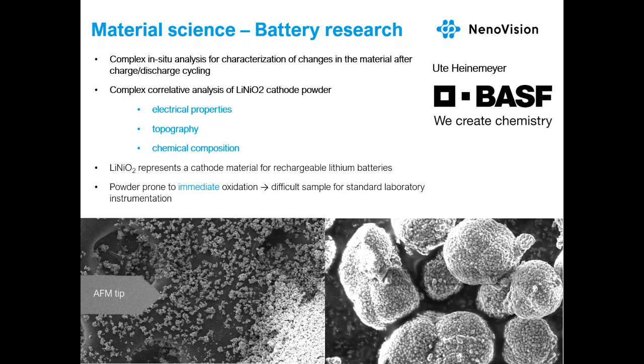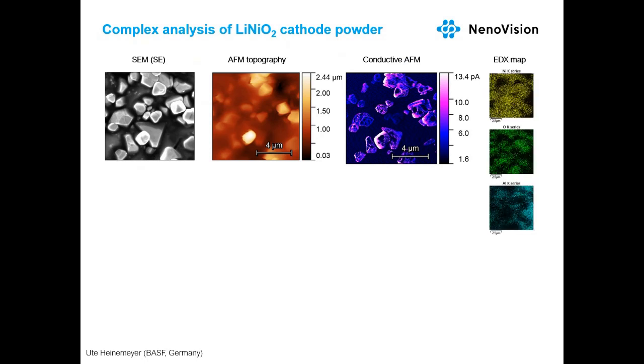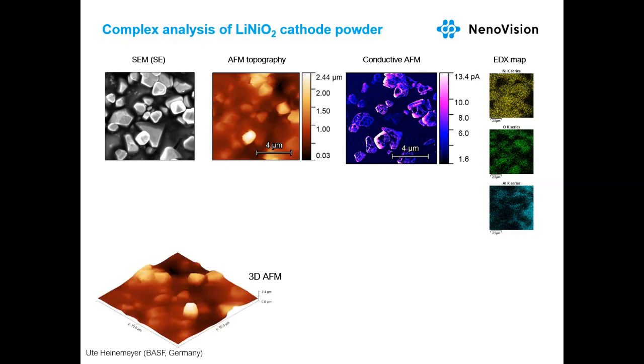On the left image, you can see the AFM tip, so you can exactly navigate to the area which you like. During the analysis, so what did we do? We simultaneously acquired the SEM image, we acquired the topography, and we acquired the local conductivity using the AFM. And we also made the EDX map, in this case not the best quality. What I'm saying is you can complement exactly the same place with the chemical composition. And using our CPEM approach, we then correlate all the information together.